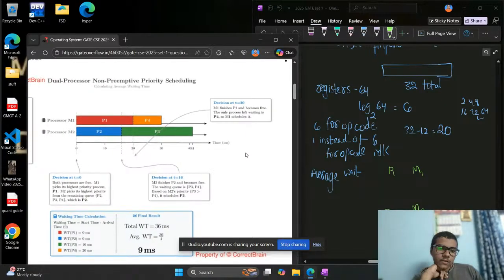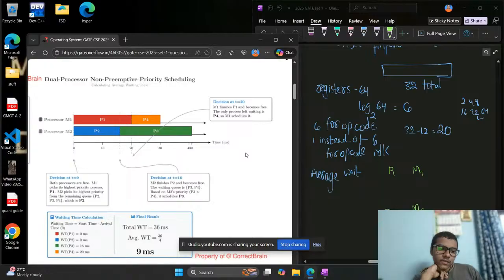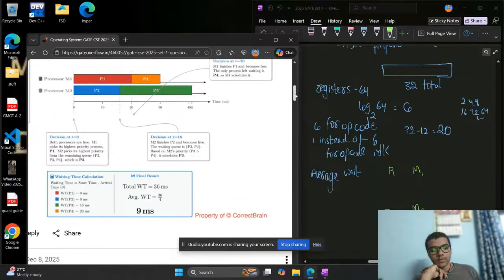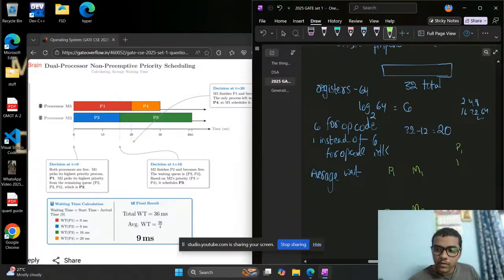At T equals 20, both processors are free. Yeah, just like we thought, the P1 and P2 will be allocated. And you are also supposed to write the waiting times.